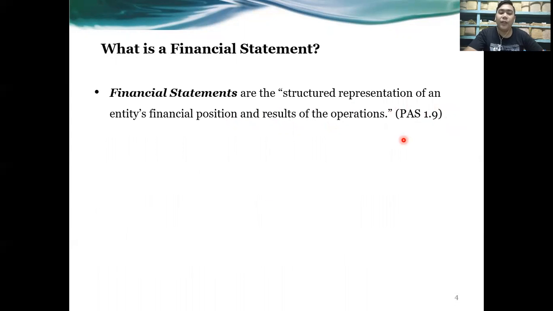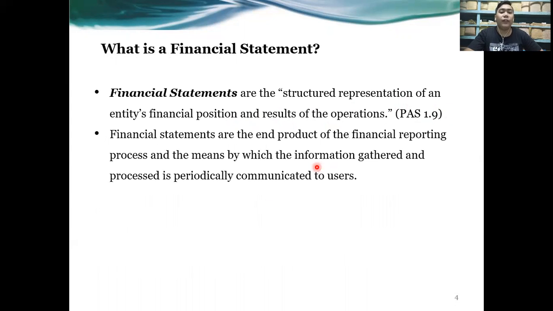Financial statements are the end product of the financial reporting process, of our accounting cycle, right? At the end of the accounting cycle, the financial statements are the end product, the result. They are the summary of the results of our work.